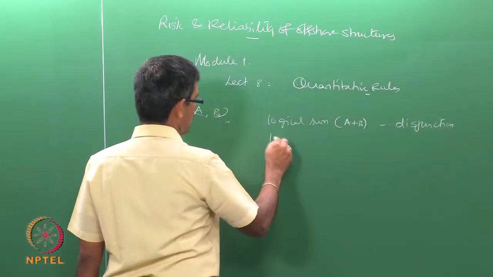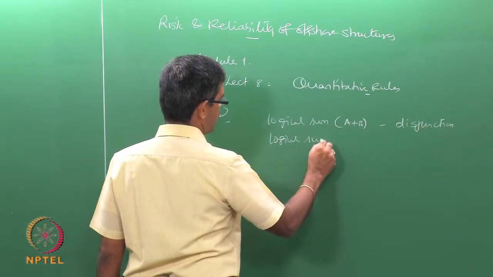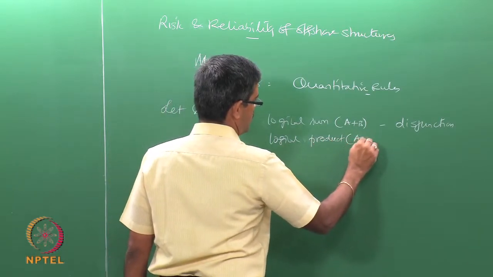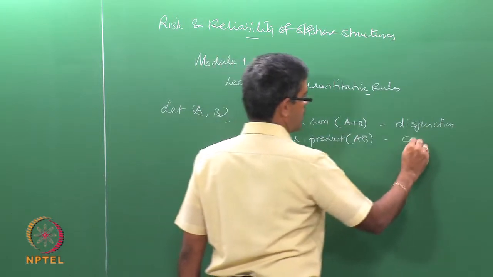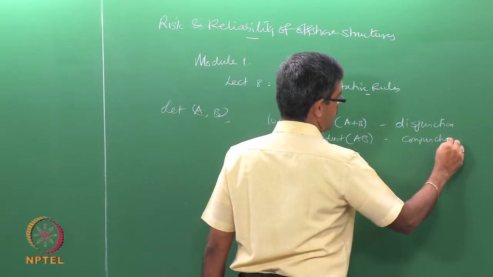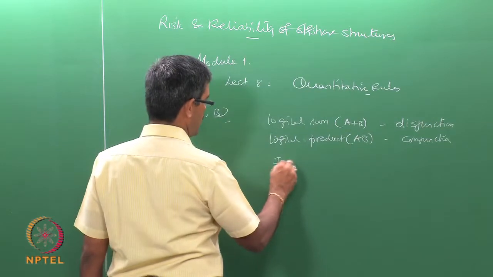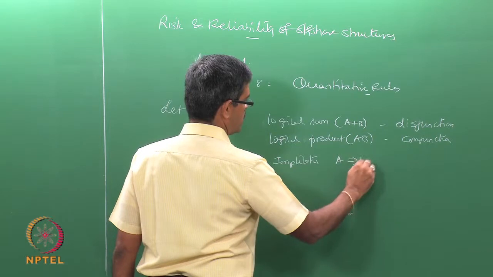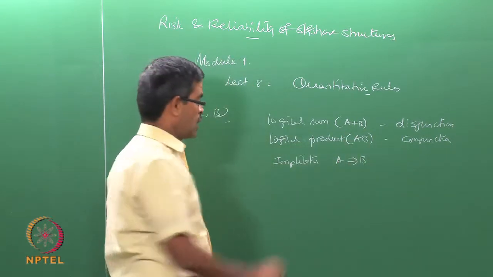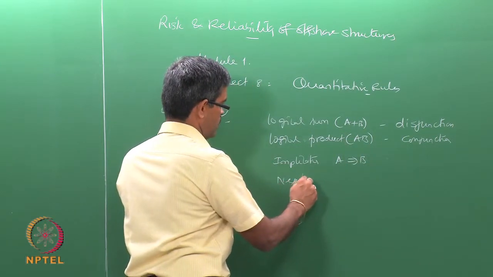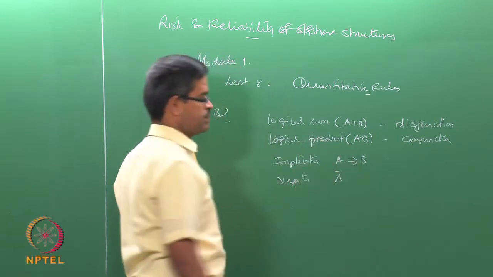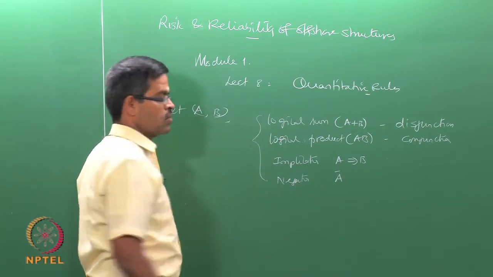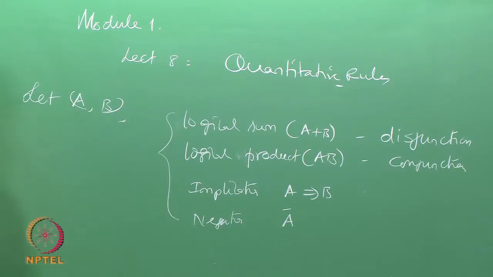It can be a logical product, which is AB, which is called conjunction. It can also be an implication, which says A implies B. The fourth can be a negation, other than A, except A. So, combining these in many different forms, one can arrive at a set of propositions.